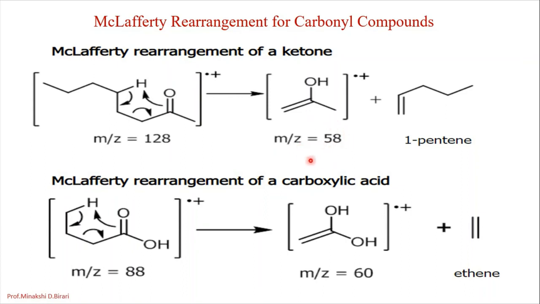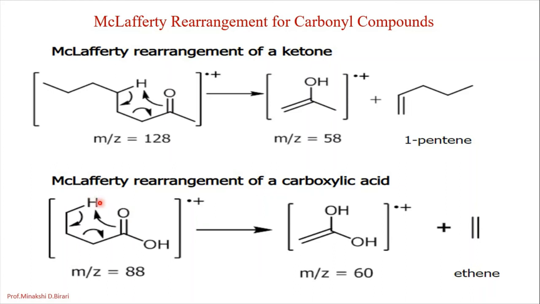Another example, the McLafferty rearrangement which is observed in carboxylic acid. Again, the condition is suitable to undergo McLafferty rearrangement as there is a presence of a heteroatom and also the gamma hydrogen.